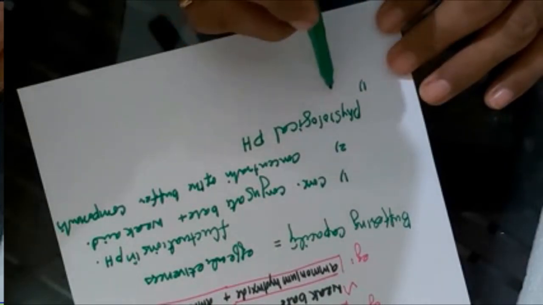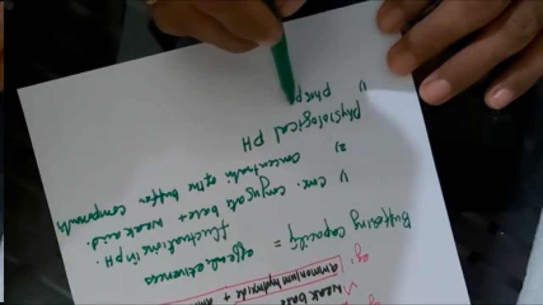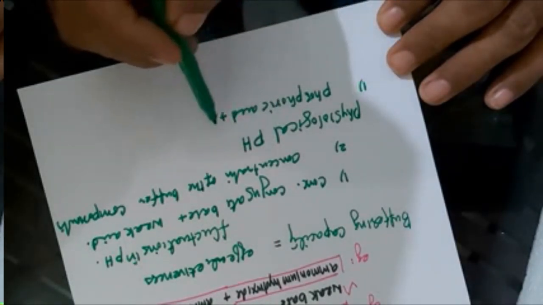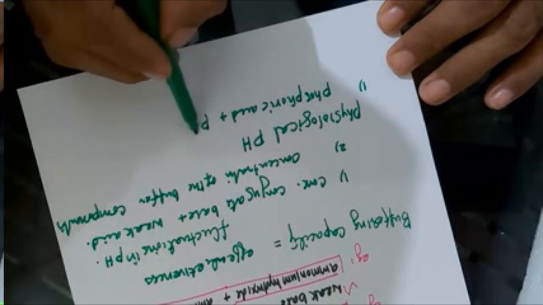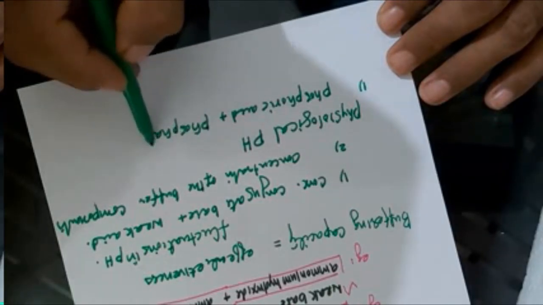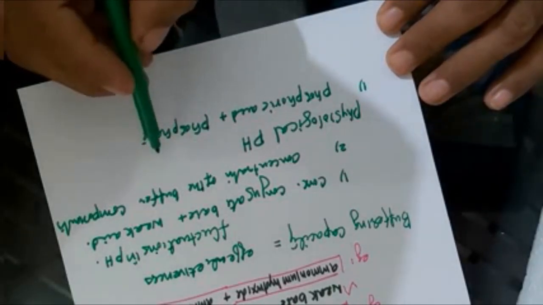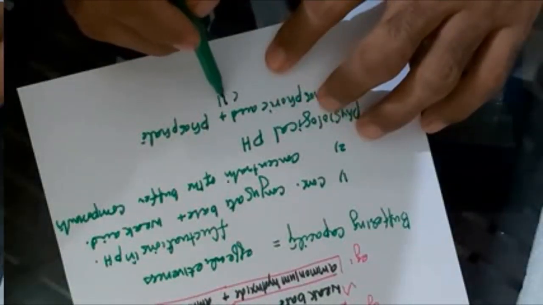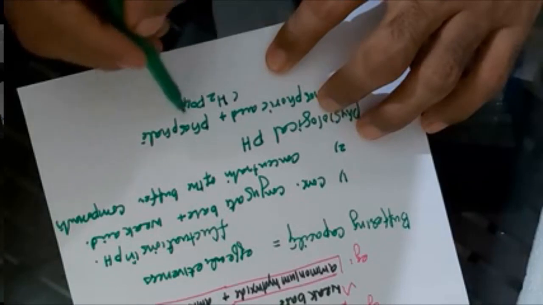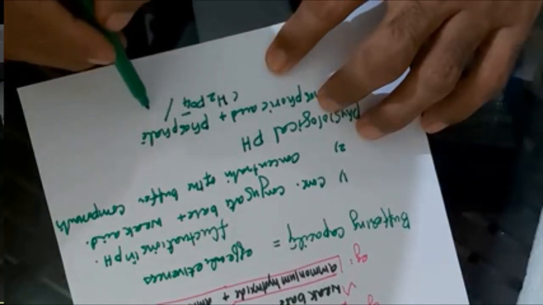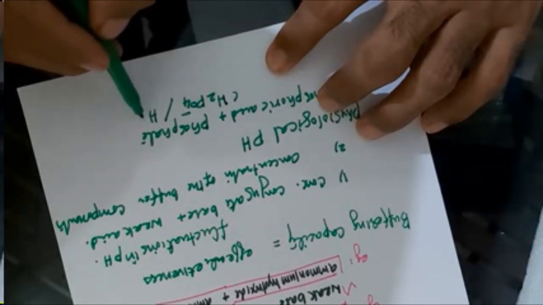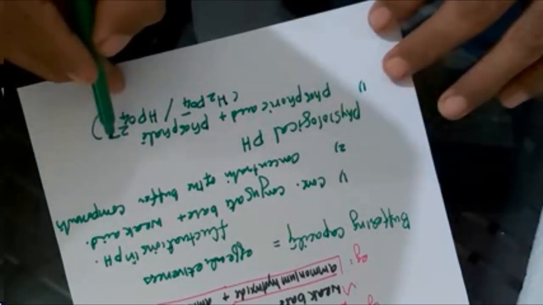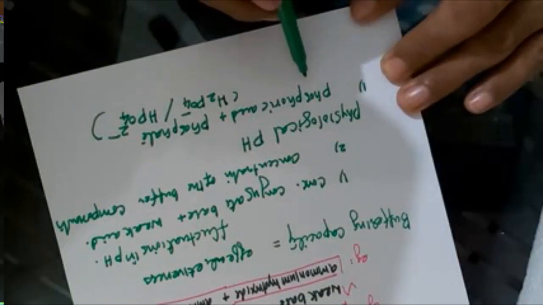One, which is very important, is phosphoric acid and phosphate, H2PO4 minus and HPO4 2 minus. So this is a very important phosphate buffer system.